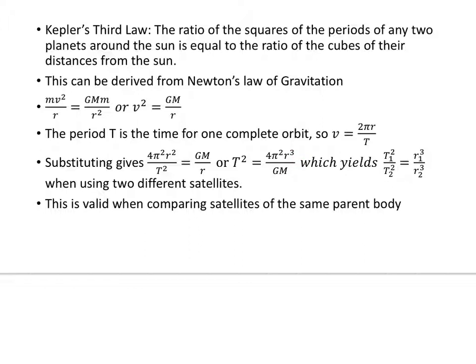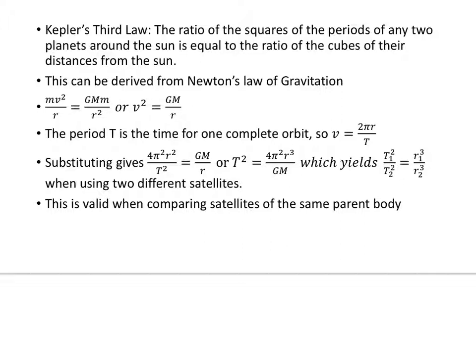Now, we want to take the ratio of the squares of the periods of any two planets. So this might be planet 1, and planet 2 would have a similar term.